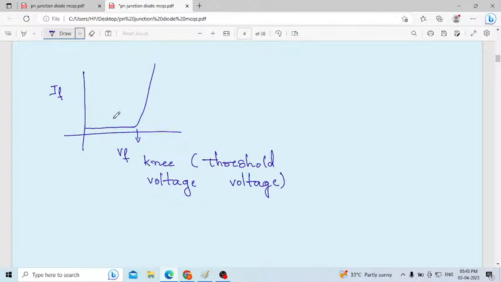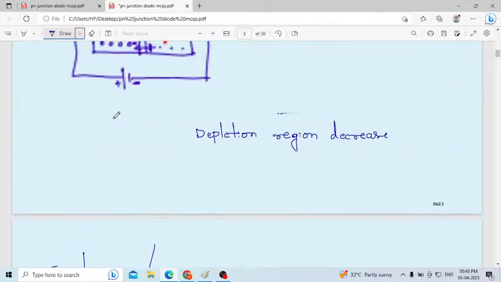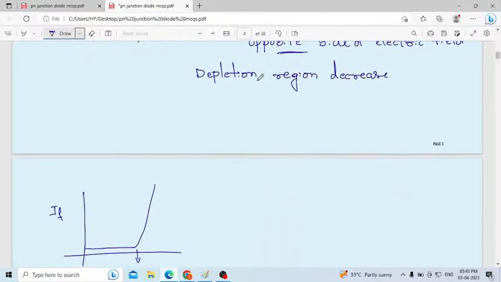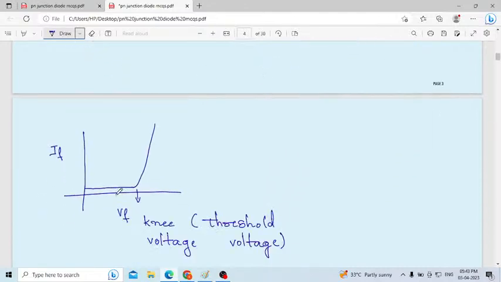Because see here, already I explained, because of the opposite side of an electric field, this depletion region will become thin. When you increase the voltage from the external battery, at a particular voltage that depletion region suddenly becomes very narrow, or very thin.